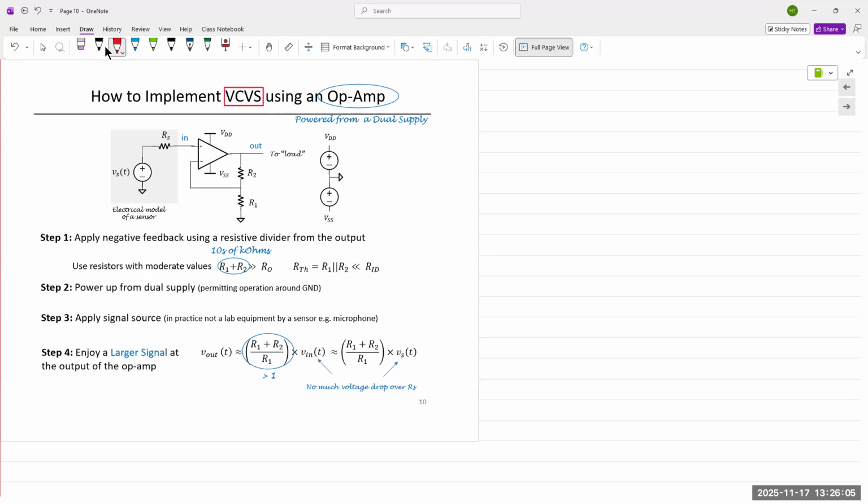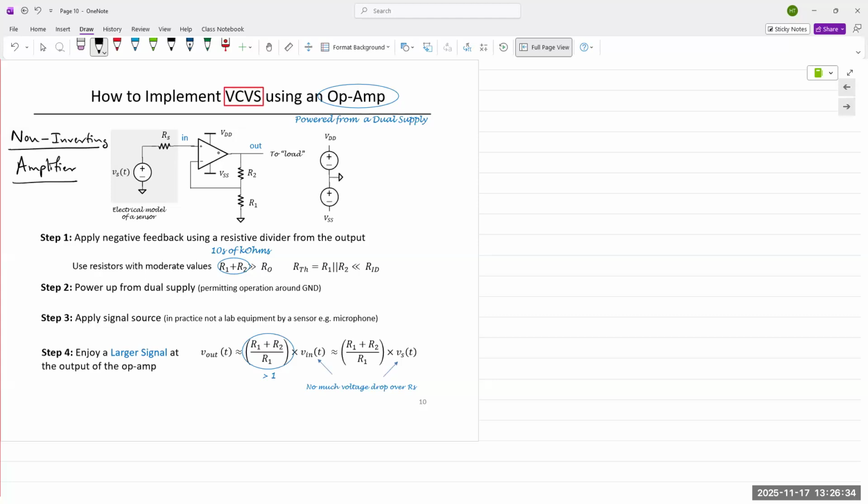In simpler terms, this circuit is also known as a non-inverting amplifier. Because Vin, the source voltage, Vs, is fed into the non-inverting terminal, the plus sign.